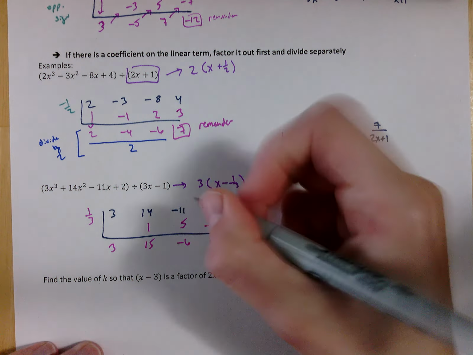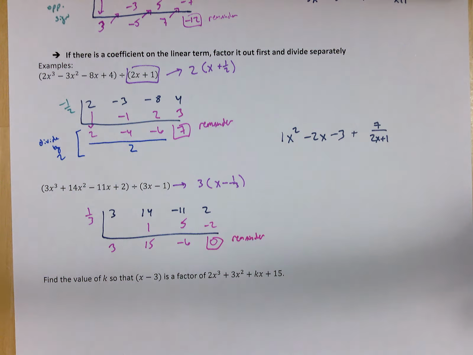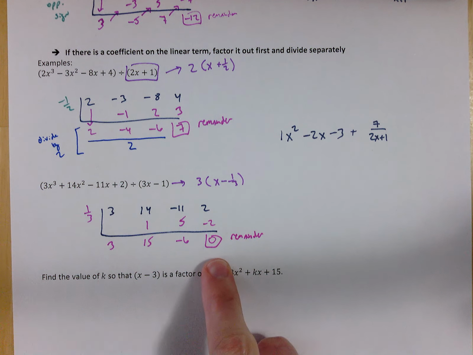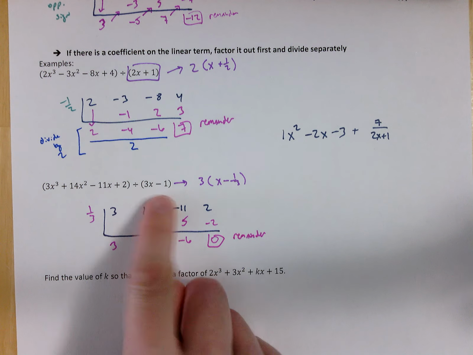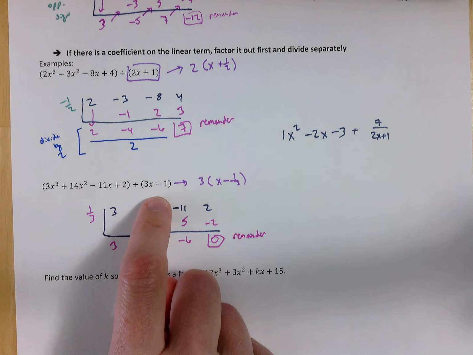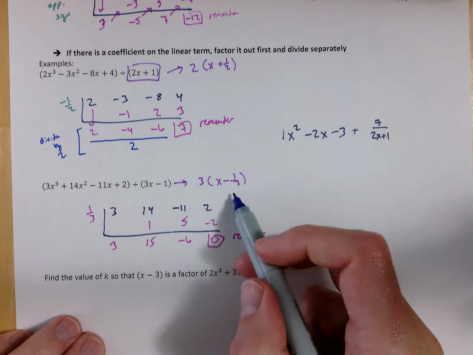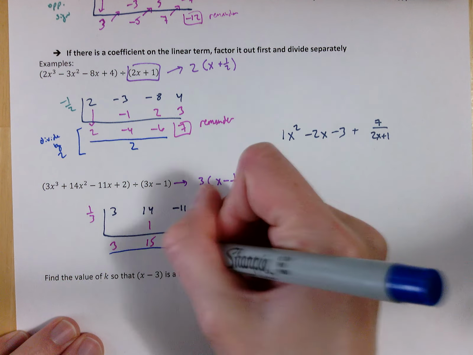Remember, 0 is my remainder. As a side note, if your remainder is 0, that means it's a factor. Because my remainder here is 0, I know this polynomial evenly divides by 3x minus 1. If you factored this, that would be one of your factors. One more step here: I've divided by the x minus 1/3, but we haven't divided by the 3.